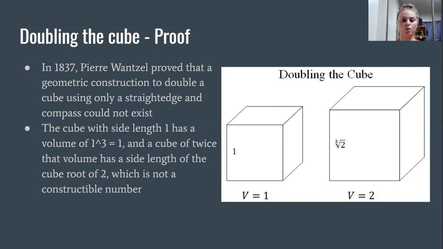And so that is how Wantzel proved that this is impossible using plane methods only. However, like I have said before, using more advanced techniques, they were able to find some solutions to this problem.